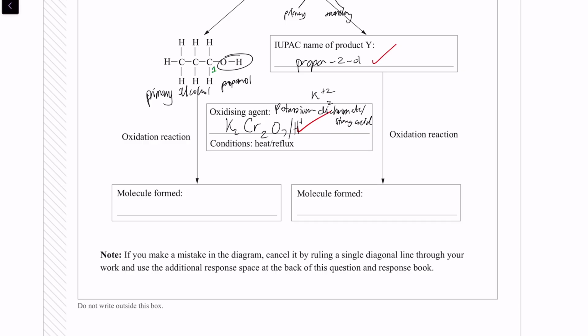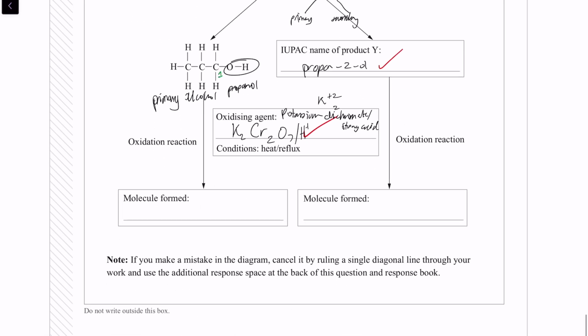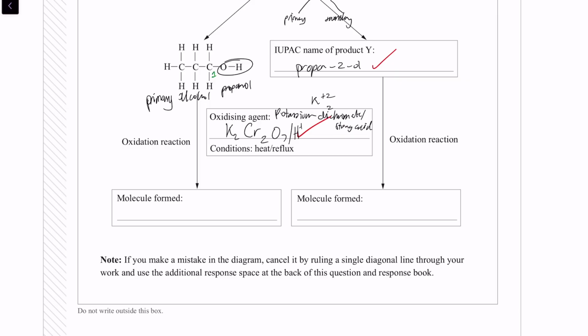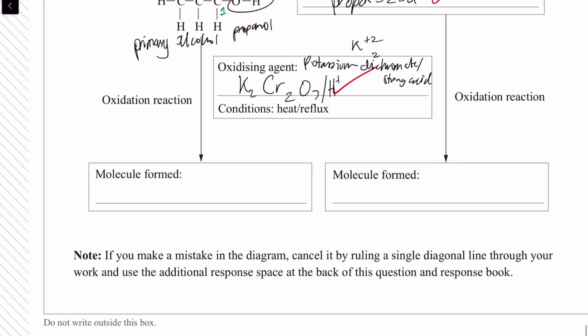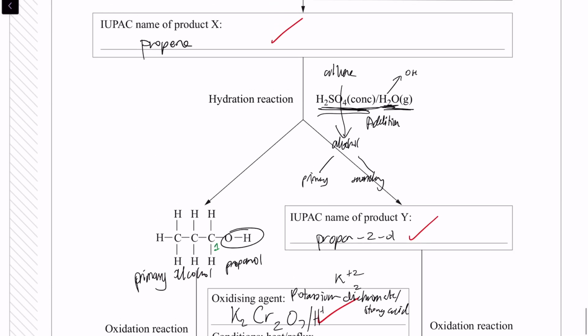So again, we need to talk about what molecule 1 and molecule 2 are. So the marking guide, it seems that they just basically number the molecule, so whether it's molecule 1, 2, 3, etc. in these bottom boxes. And then that would get you the 5th mark.